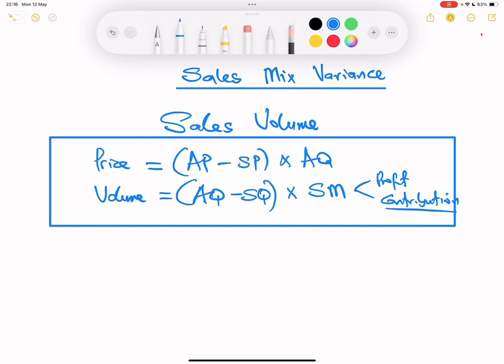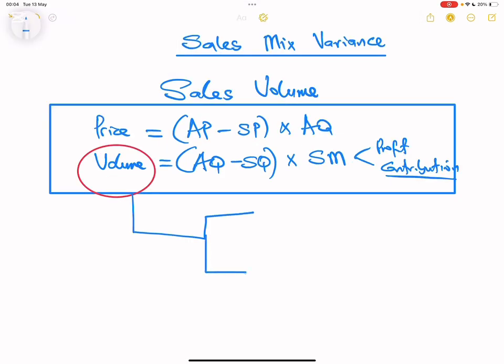Now, what we want to look at now is this volume part. The same way when we're talking about usage, that we're able to further analyze material usage into material mix and material yield, is exact same thing we want to do to sales volume. And the first part is the sales mix, and the second part is the quantity variance.